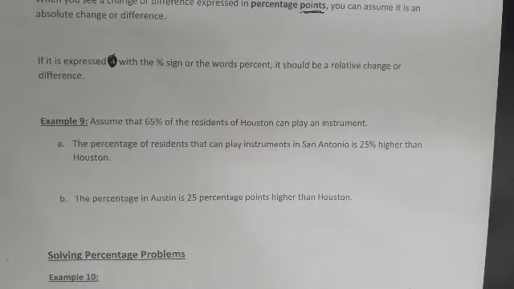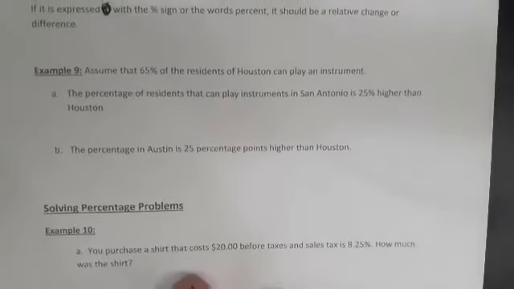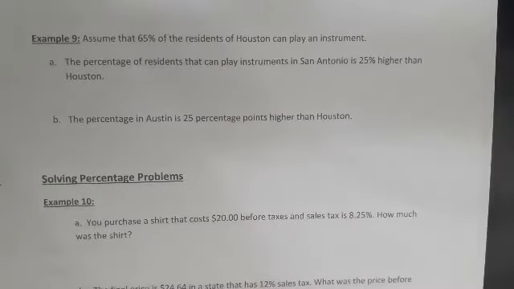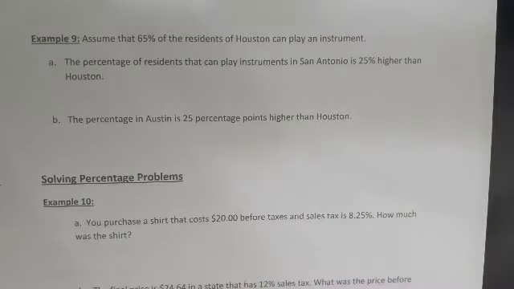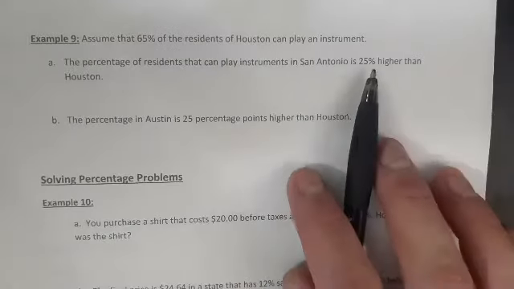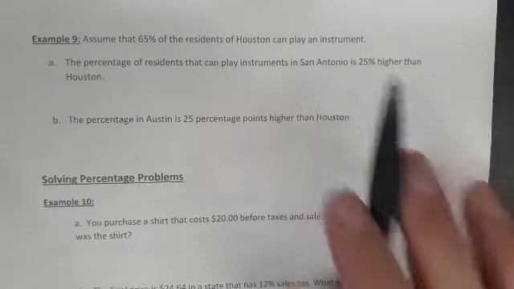So here they want to know, assume that 65% of residents of Houston can play an instrument. The percentage of residents that can play an instrument in San Antonio is 25% higher than Houston. If it's 25% higher, are we talking about a percentage or percentage points? This is talking about a percentage.